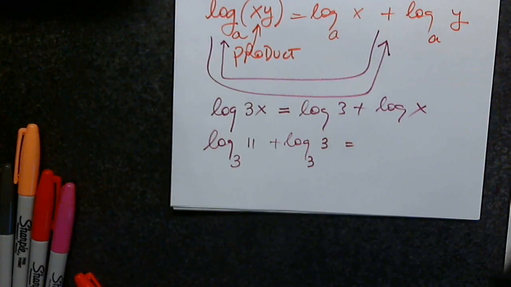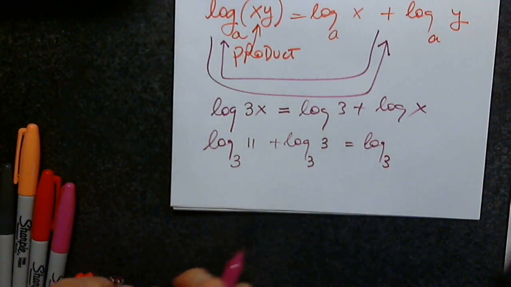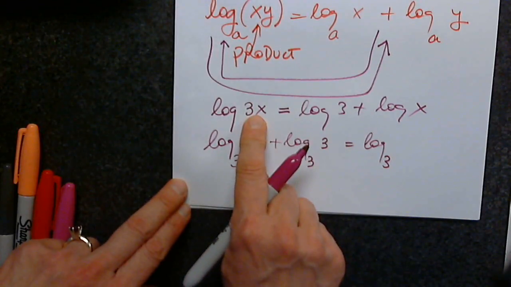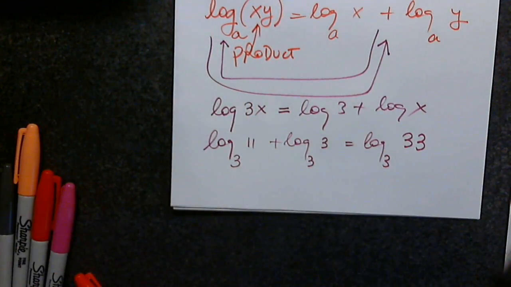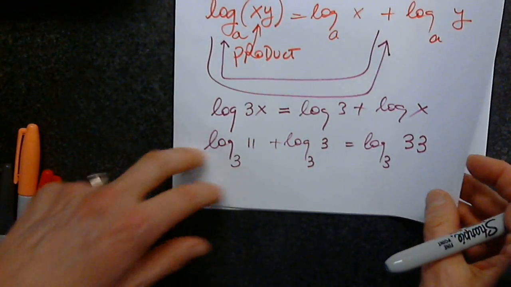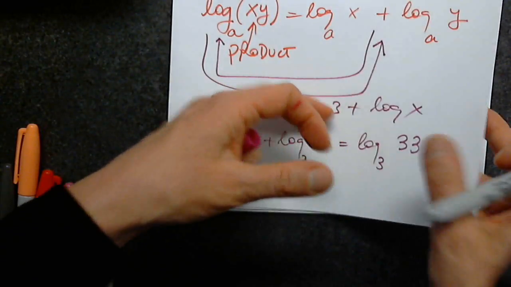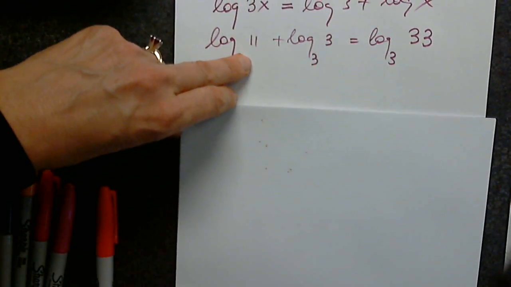What will you say? This equals to log base 3 of? Exactly. You have to do the product. Good. So this is one rule. You will never encounter this again. This is it. The log function has this property.